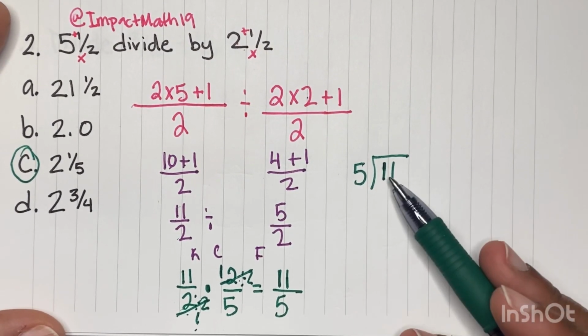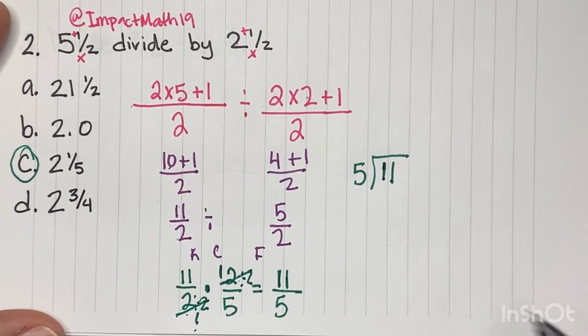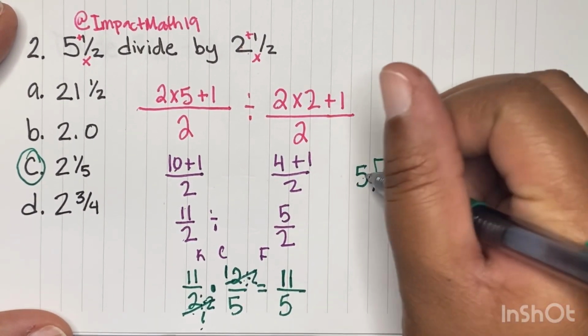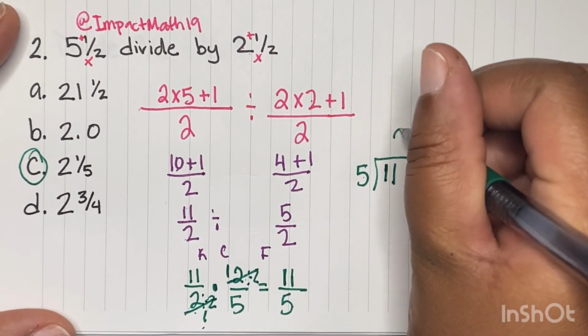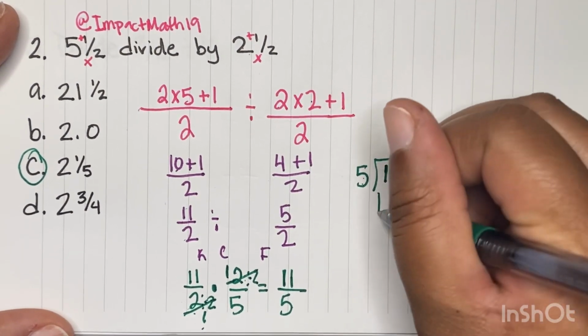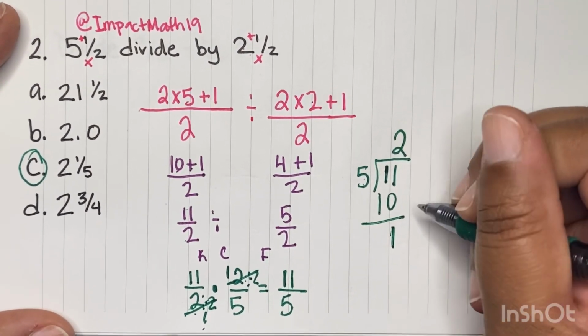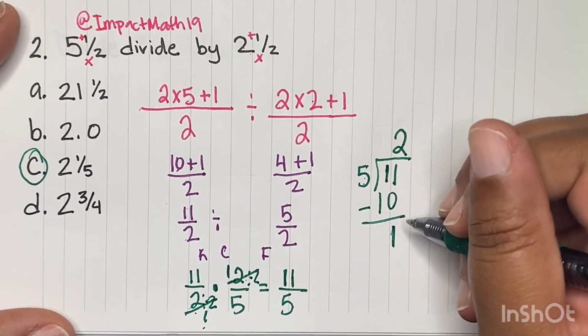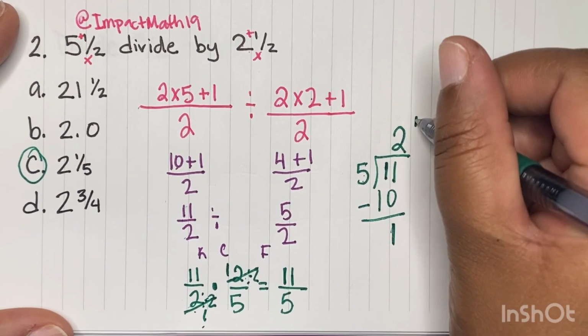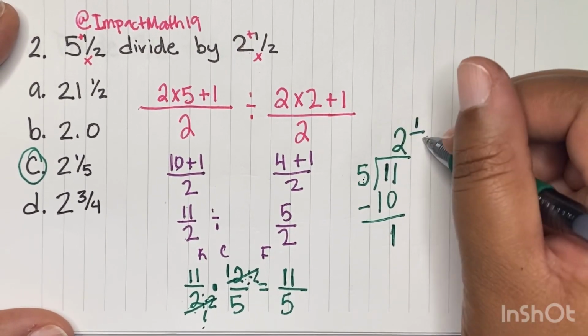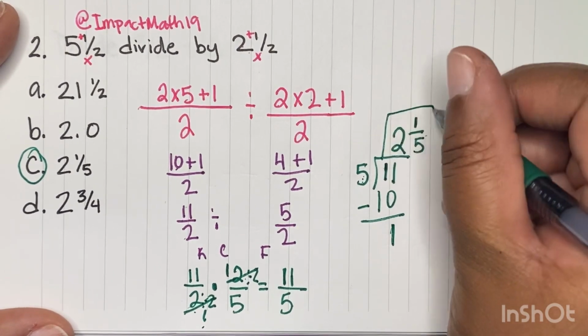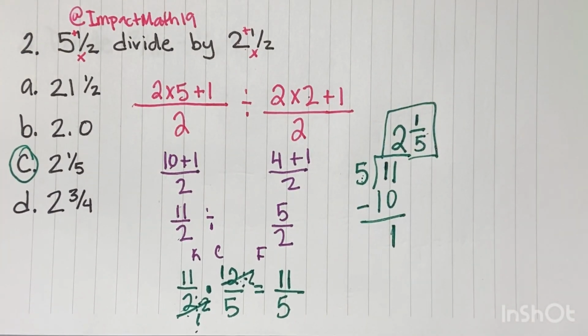The numerator goes underneath the division sign, okay? So we're asking ourselves how many 5s can fit into 11? Well, 2 can. So 2 times 5 is 10. And we're going to minus, and we get 1 left over. So we take our remainder and we put it over what we're dividing by, which is the 5. And that's how we get 2 1/5.